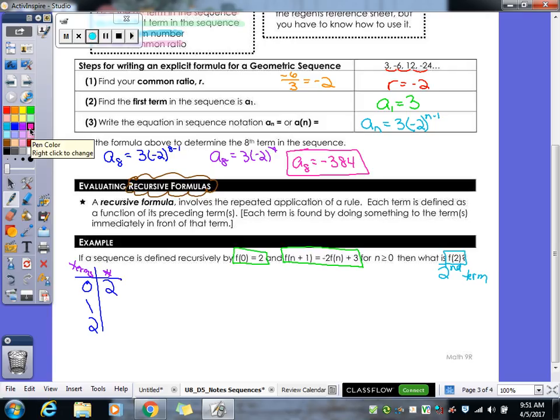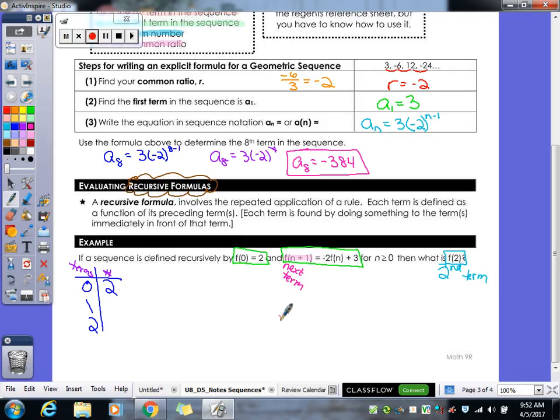So then if we look at this next part, it says f of n plus 1 equals negative 2 times f of n plus 3. And I get it. That looks like, oh my God, what the heck are they talking about? So this notation right here, f of n plus 1, that means your next term.